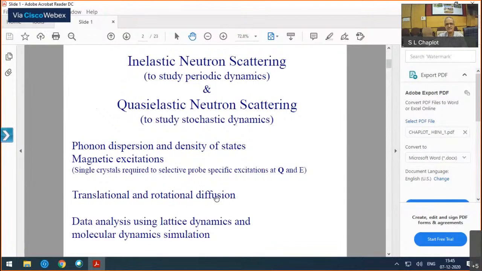Okay, so given that it is stochastic in nature, and given that these systems tend to be of fairly complex structures involving several atoms, the data analysis or even planning of the experiment is not straightforward, but it heavily depends on some kind of modeling or simulation.